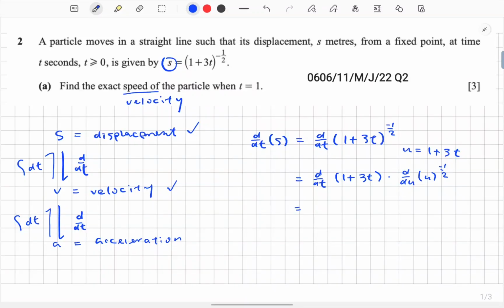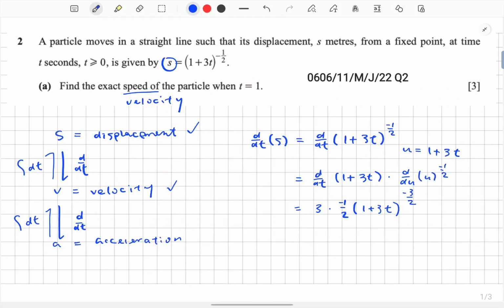Differentiating 1 + 3t with respect to dt gives 3, and we multiply with the derivative of u^(-1/2), where u is actually 1 + 3t. So this is -1/2. We move the power to the front, the bracket remains the same, and the power becomes -3/2.